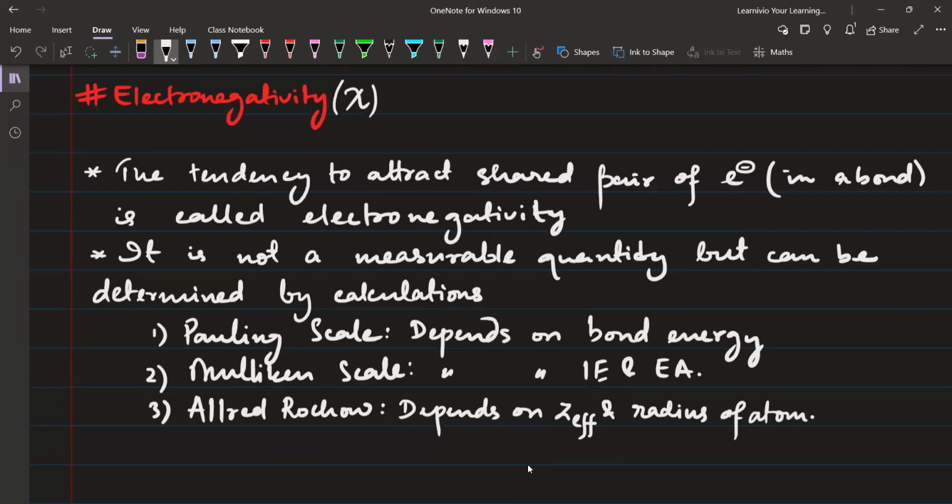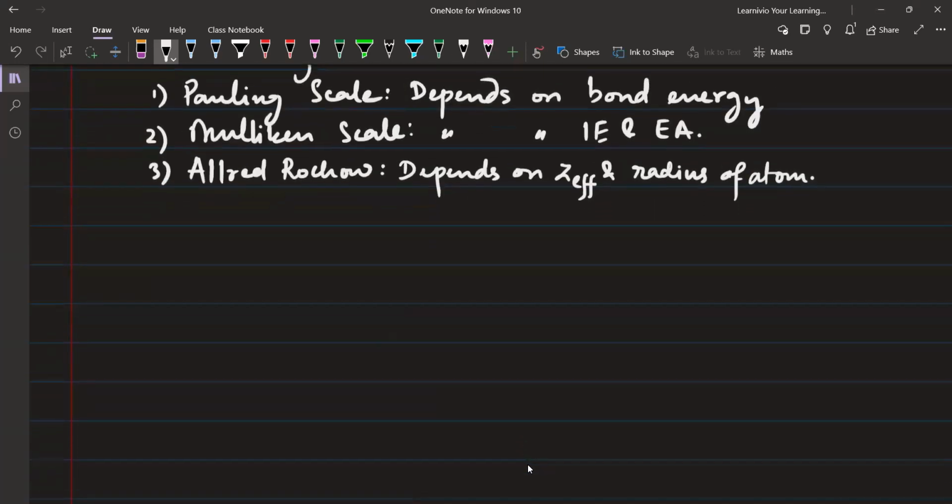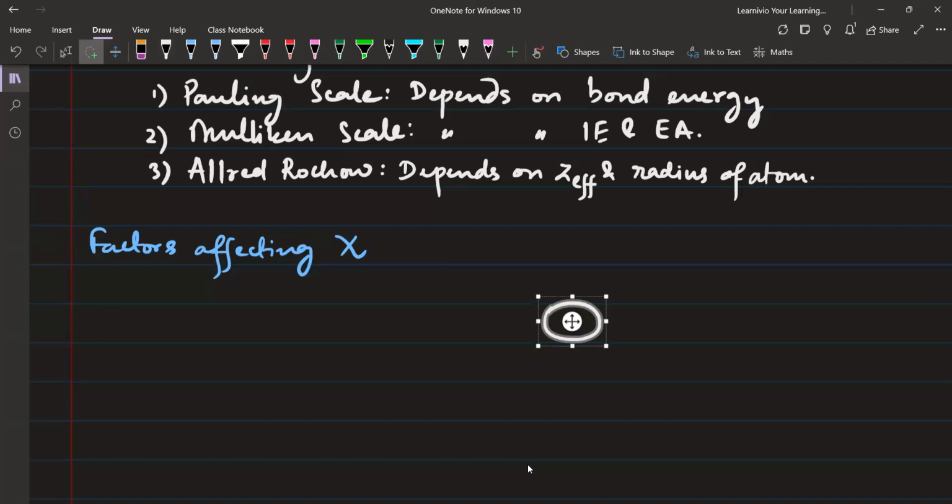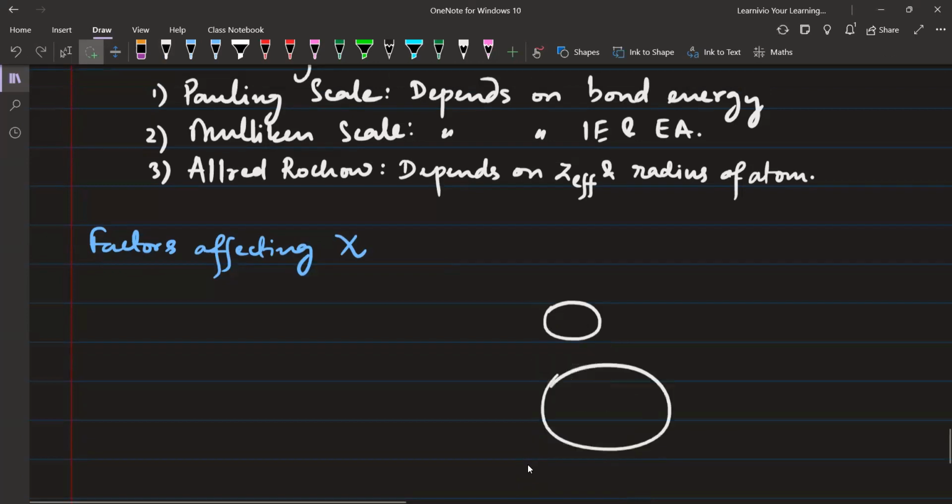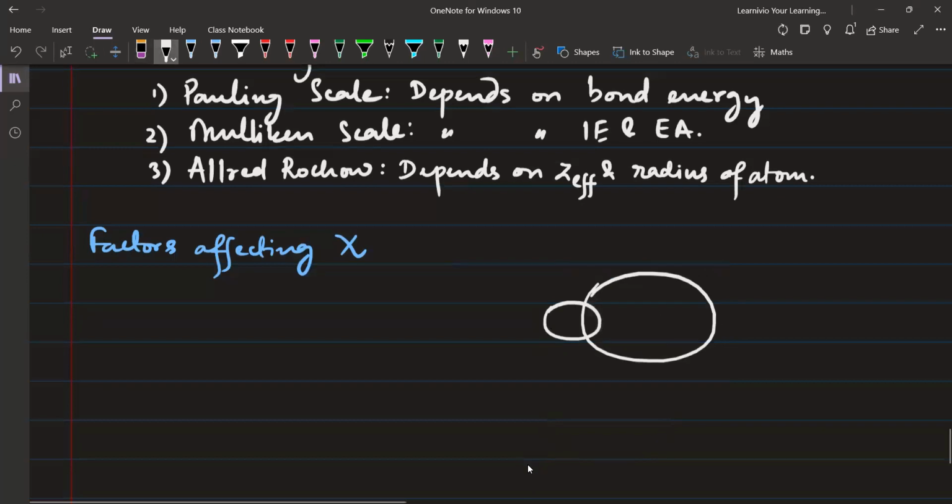Now see, which factors will electronegativity depend on? Factors affecting electronegativity. Number 1, pay attention. If you have a smaller atom like this, and there is a larger atom, the sharing of electron is happening like this. Here they have a shared pair of electrons. The nucleus of the smaller atom is here, the nucleus of the bigger atom is here. Which nucleus can attract the shared pair of electrons more effectively, atom A or atom B?